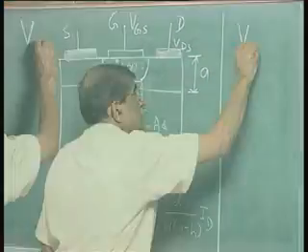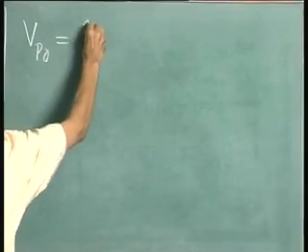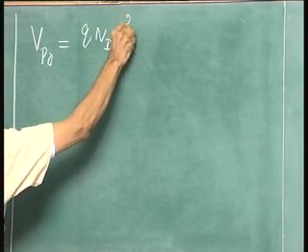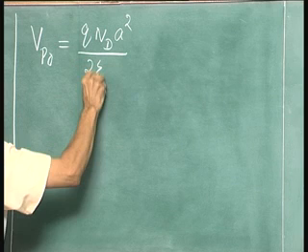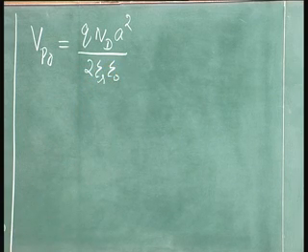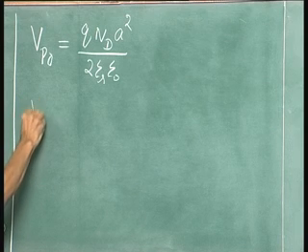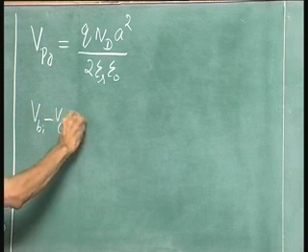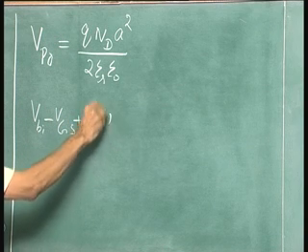V p 0 is q n d into A squared divided by twice epsilon r epsilon 0, and V b i minus V g s plus V of x. What is that?